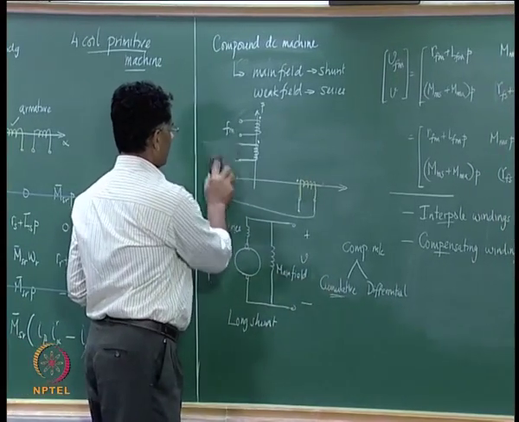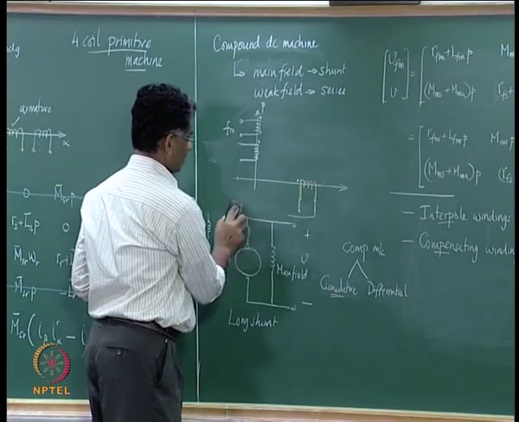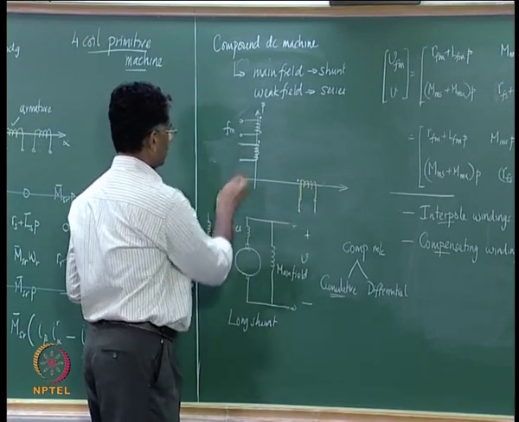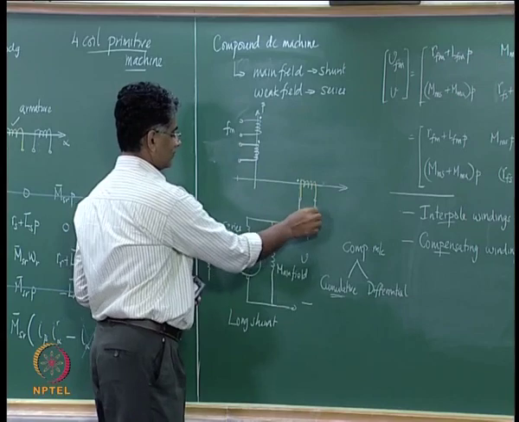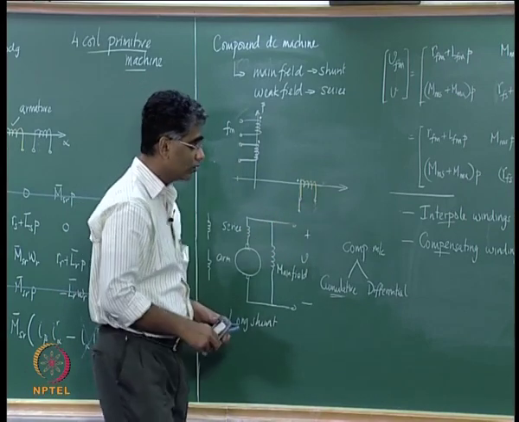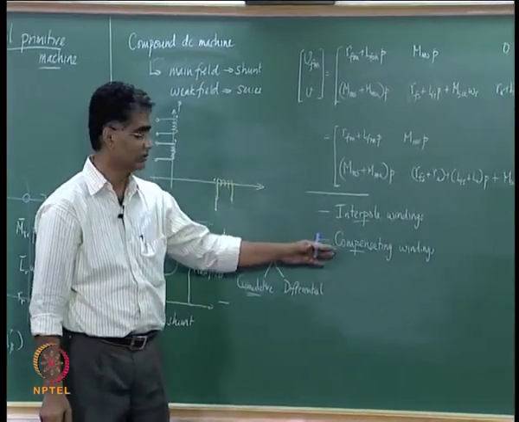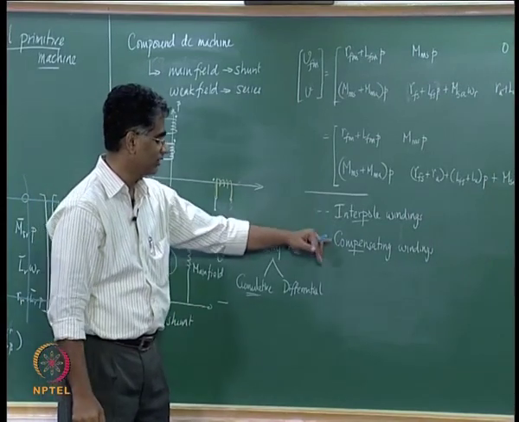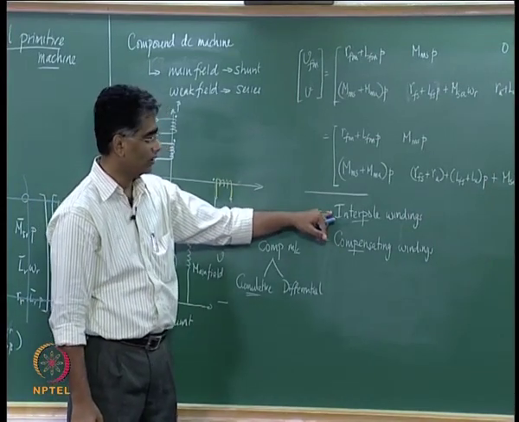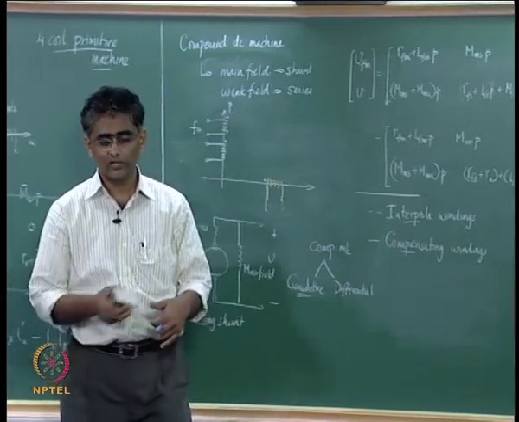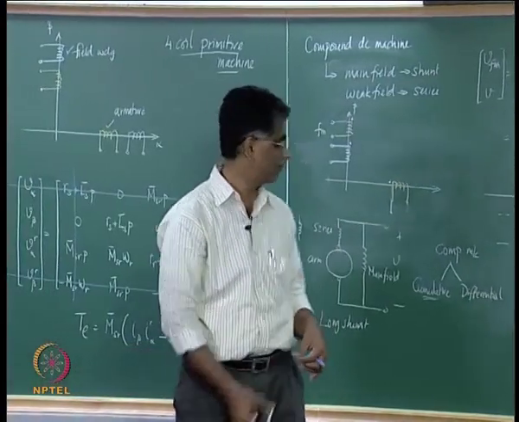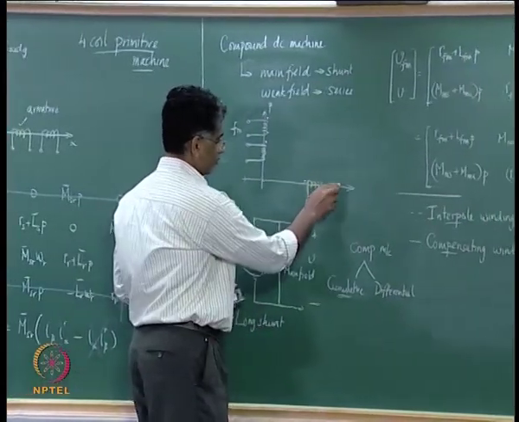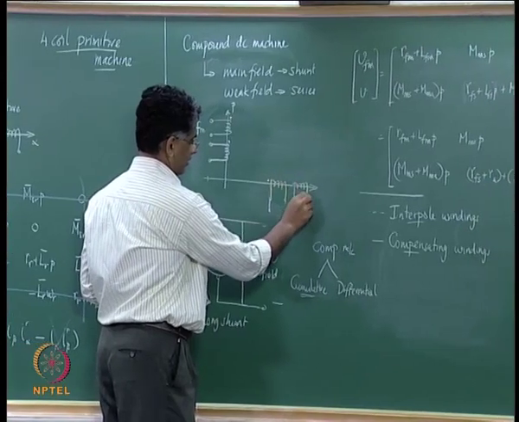So, in this manner then one can derive expressions for all the varieties of DC machines, including those which have interpoles or this one. Both these are meant to oppose the armature MMF, and therefore they are present along the same axis. So, both of these would be represented by a coil here.